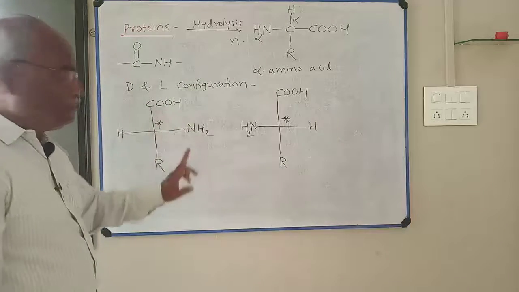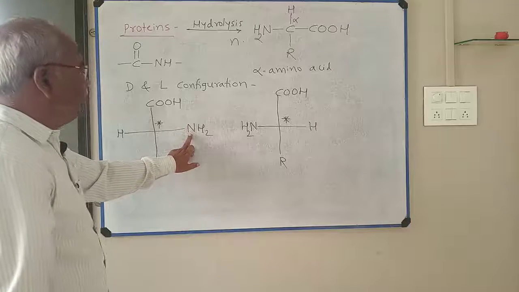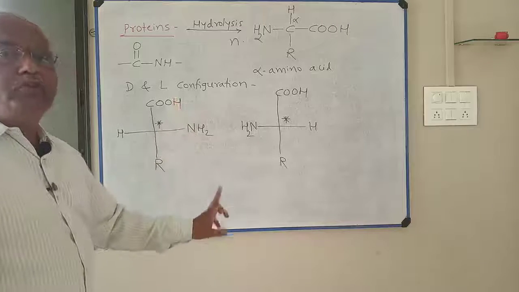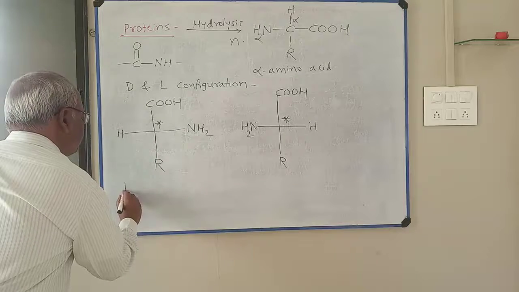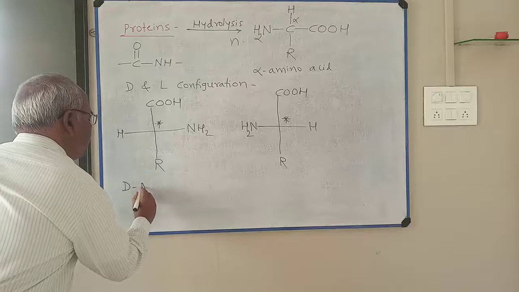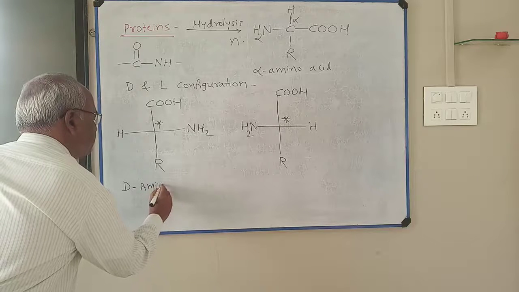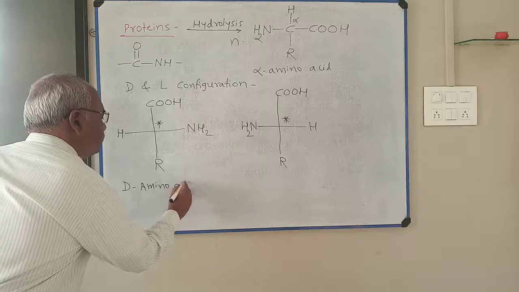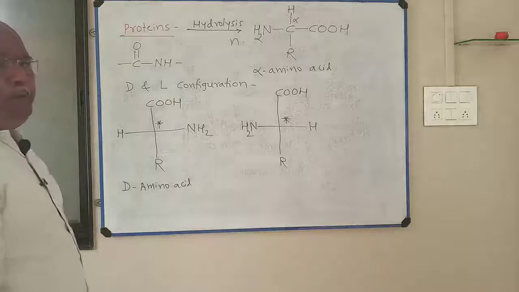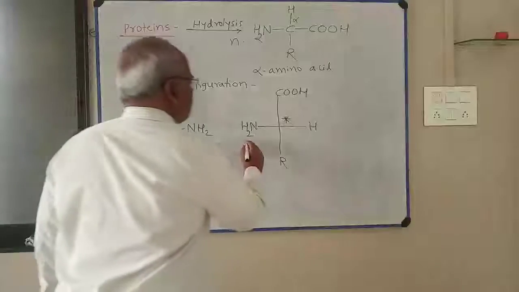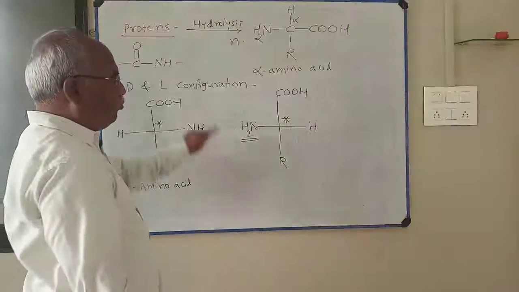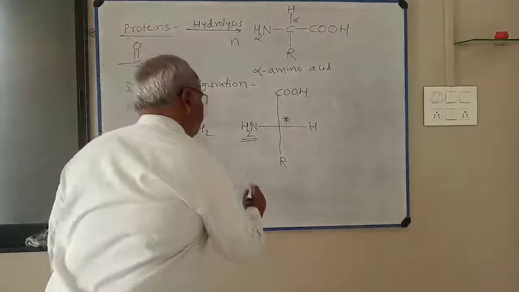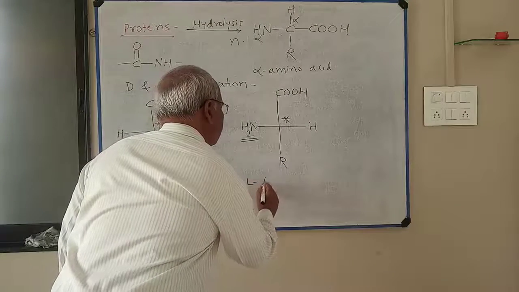Remember, when the NH2 group in alpha amino acid points to the right, then it is called D amino acid. When NH2 group in alpha amino acid points to the left, it is called L amino acid.